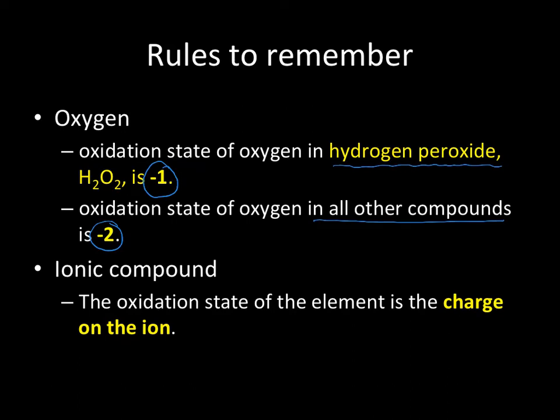So other than hydrogen peroxide, the oxidation state of oxygen in all other compounds is -2. Okay? Now, in an ionic compound, the oxidation state of the element is just the charge on the ion. So, for example, in sodium chloride, sodium is +1 and chloride is -1. So it's just the charge on the ion.